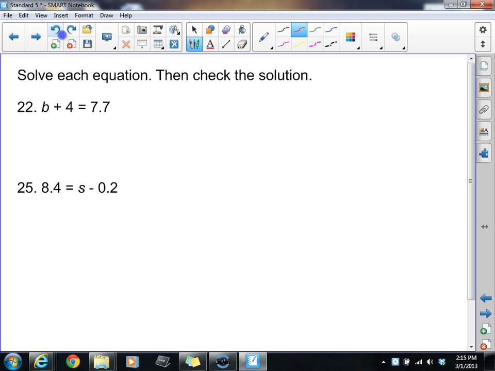Now let's go ahead and jump into solving some equations. Once again, this is on page 643, number 22 and number 25. Let's go and get started then. Alright, so this first one, b plus 4 equals 7.7. Now, if you're in my classes, I've taught you to make sure you get the variable by itself. That's what's going to help you out.